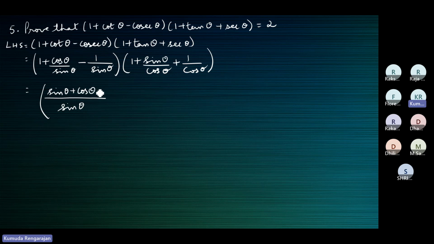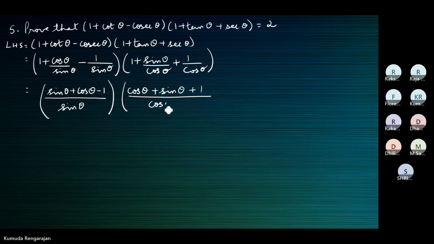And here cos theta plus sin theta plus 1 by cos theta. So you have to now multiply the numerators and multiply the denominators. But we'll see if we can use any identity here to make our work easier.